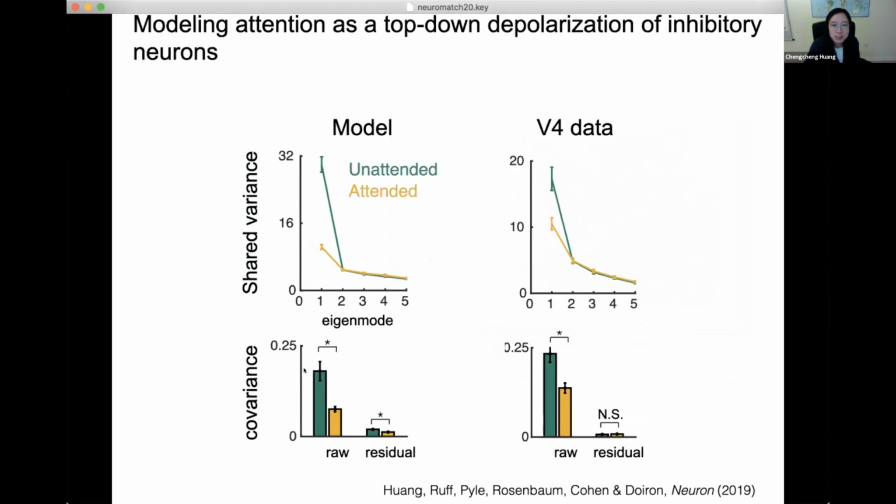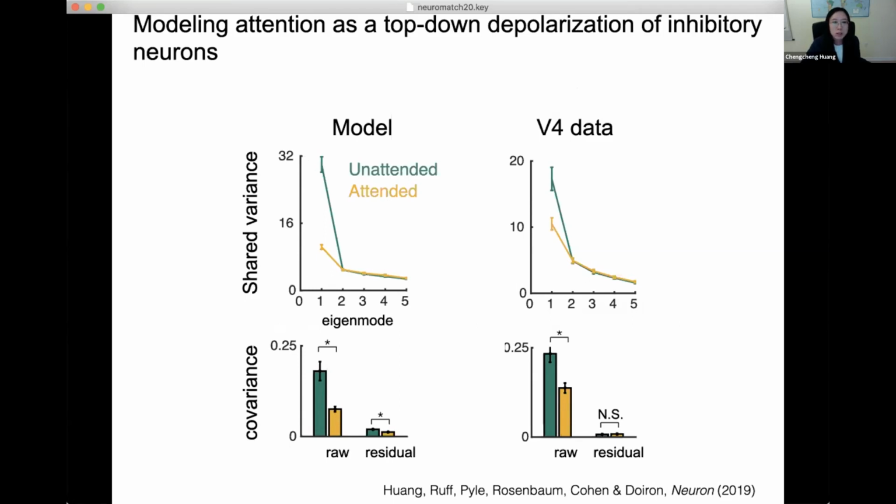And that's very consistent with the population response in the V4 area during the unattended states. And in this previous work, we modeled attention as a top-down depolarization of inhibitory neurons. So by just giving more input drive to the inhibitory neurons, we stabilize the network, and that quenches the first mode, the dominant mode of the shared variability, and also reduces the average noise correlations.